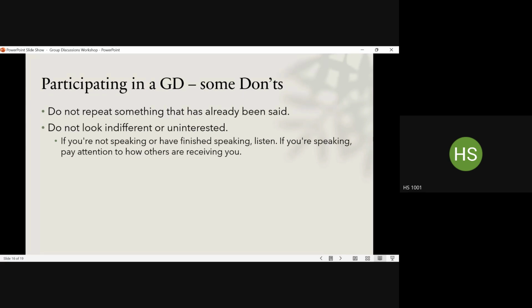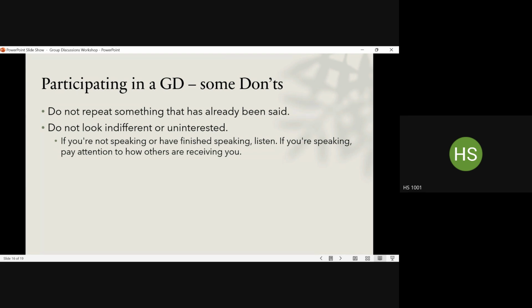Do not look indifferent or uninterested. Sometimes people, probably because they are stressed, try to not show that they are stressed by appearing indifferent, by seeming as if they don't actually care about what is happening here. Do not adopt that attitude. Appear keen. That is very important in a GD.